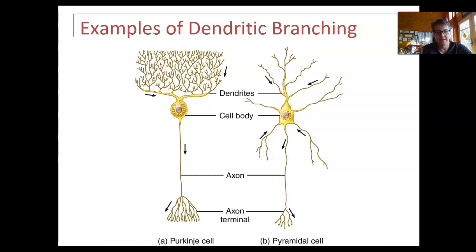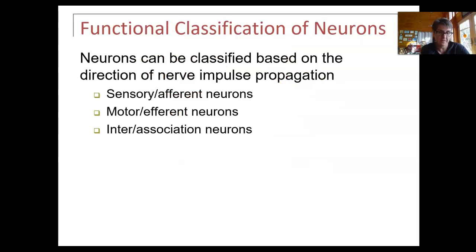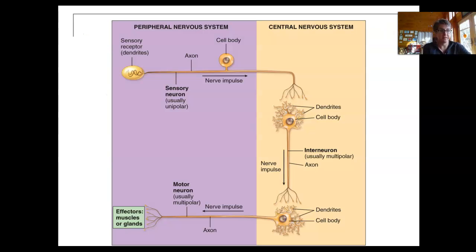Okay. Then these are other special guys. I don't know. We're going to move on. Functionally is much more easy and comfortable to talk about. Functional classification, again, there's only the three. I have a sensory neuron.